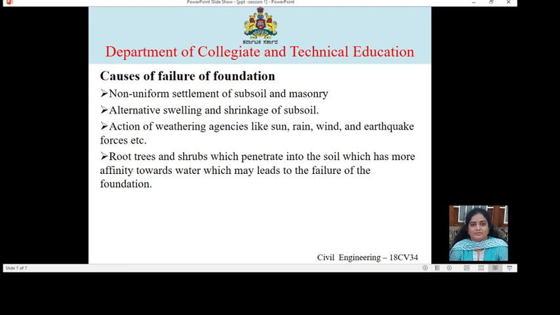Next are roots of trees and shrubs which penetrate into the soil and have a strong affinity towards water, which may lead to failure of the foundation.